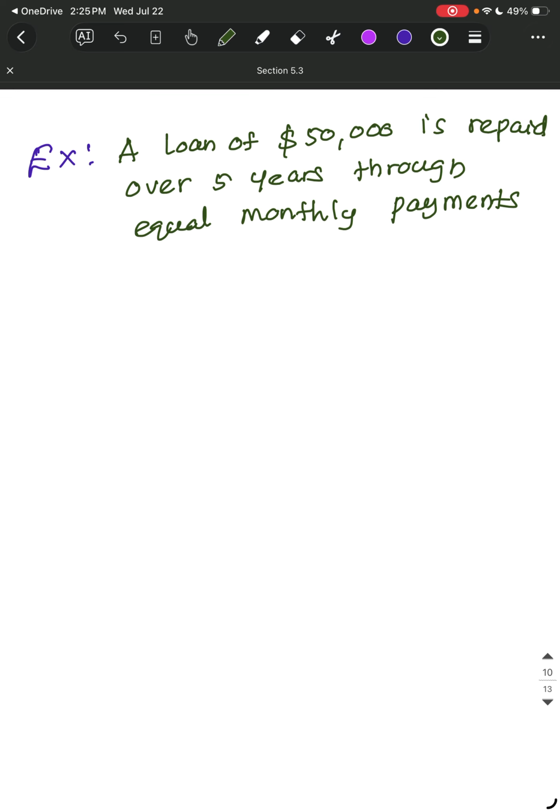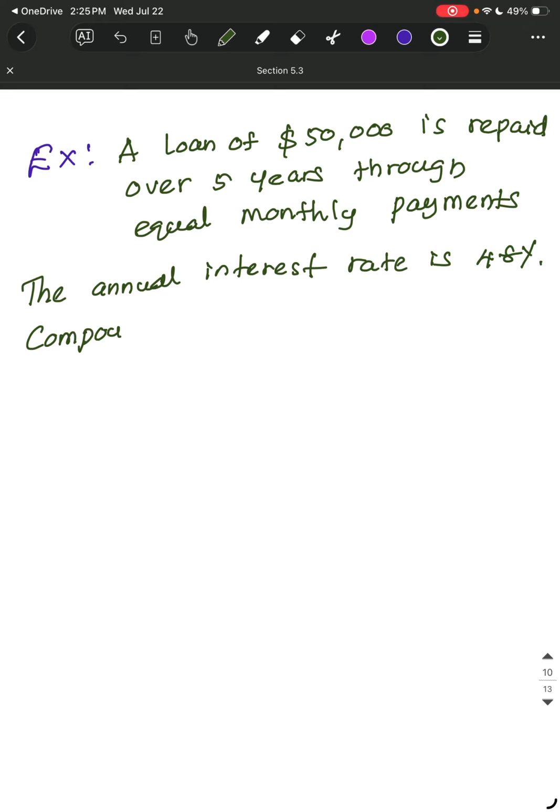The annual interest rate is 4.8% compounded monthly. Then find the monthly payment.